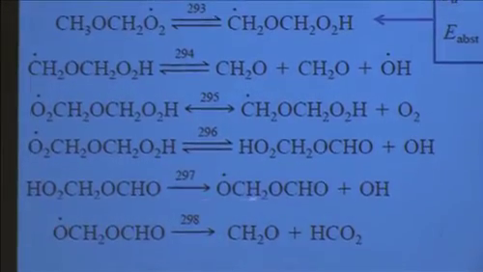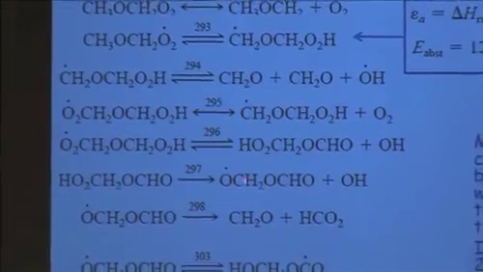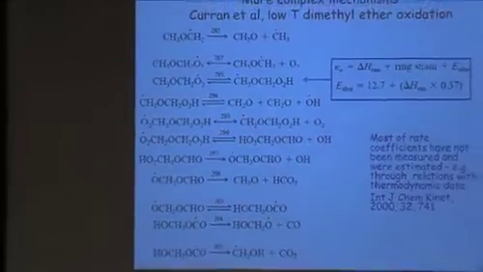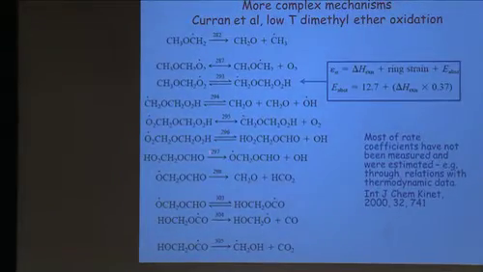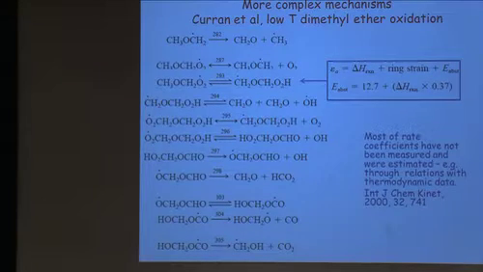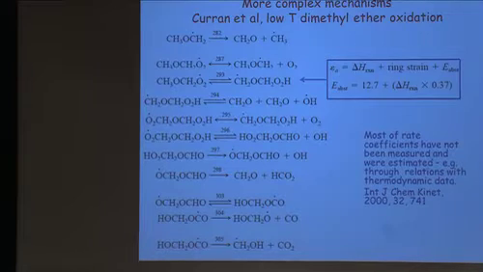And this stable molecule can fall apart and form 2 radicals. And so this is the branching step, and this is what we called yesterday the degenerate branching agent. And so that's the sort of mechanism that Henry Curran has within this dimethyl ether mechanism.